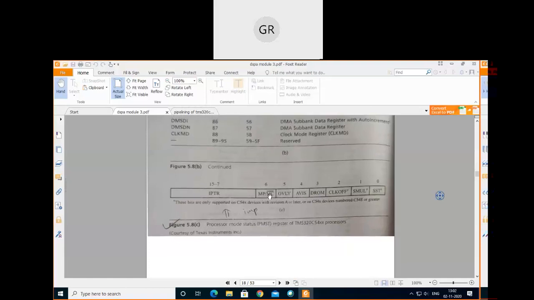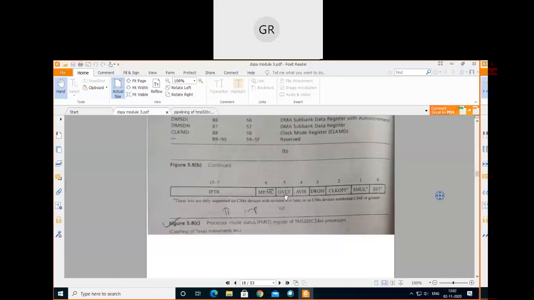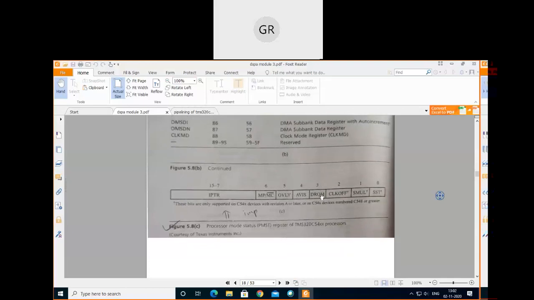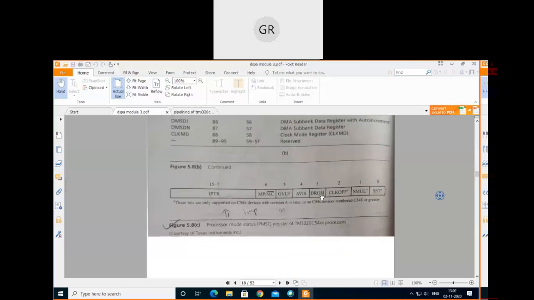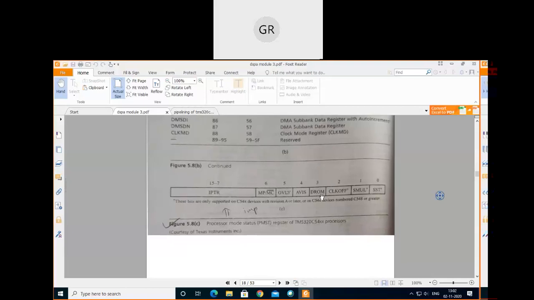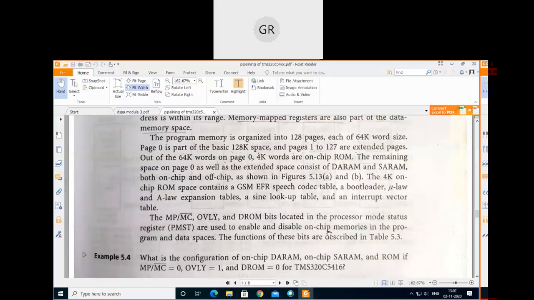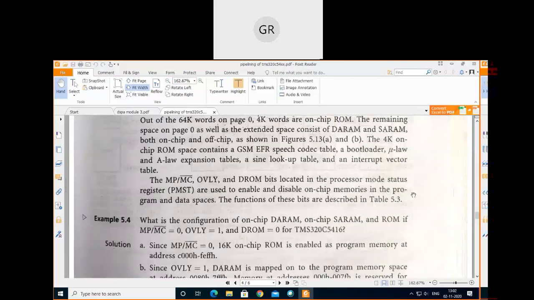These MP/MC bar, OVLY, and DROM bits are used to enable or disable the on-chip memories in the program and data space. What is the function of these bits in the PMST register?